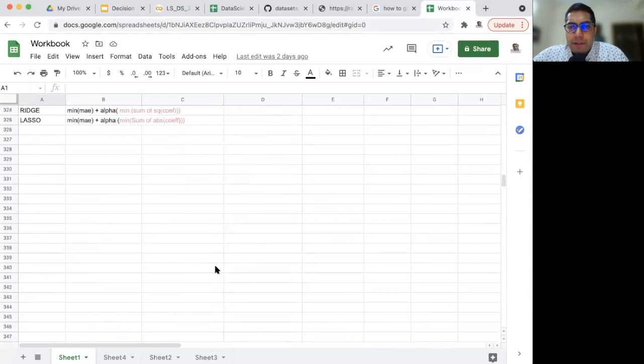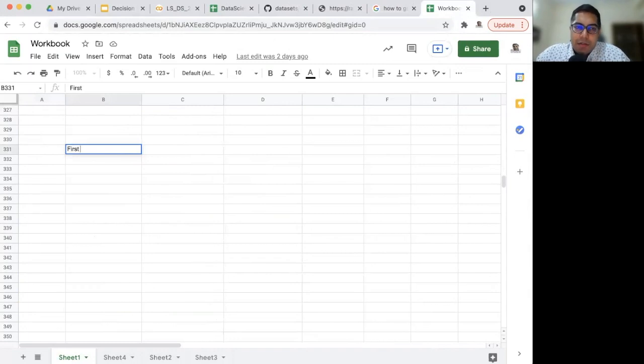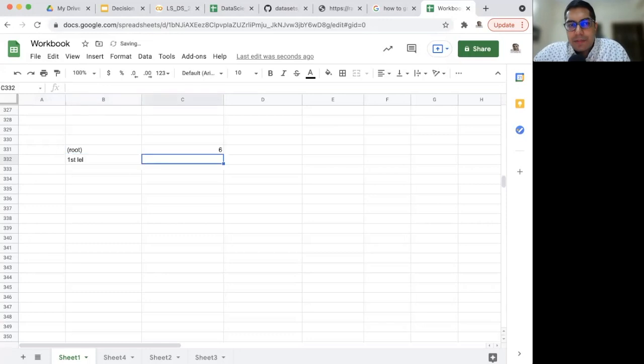Okay, let's go back to our favorite workbook. So the first tree trunk, or I call it the root. The root can be picked in 6 ways. The first level, everything is from the top. First level, I can pick how many ways? 5 ways.